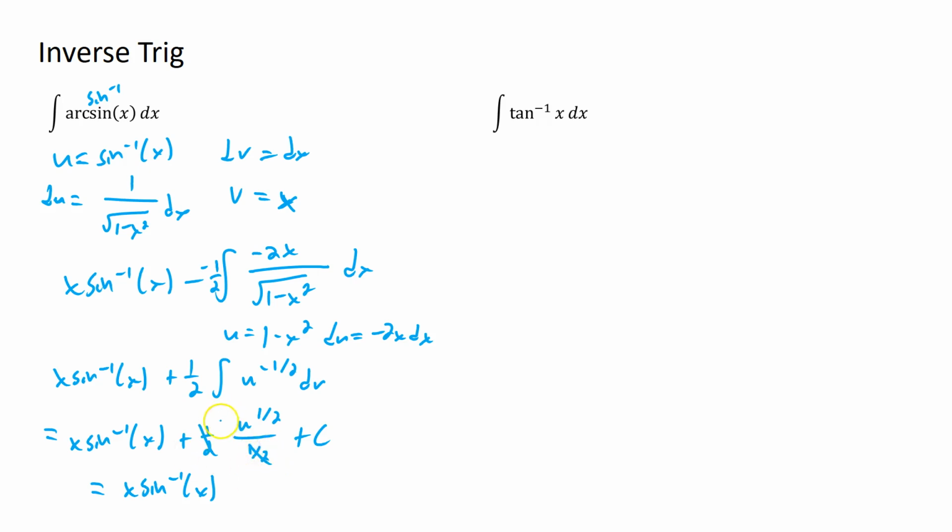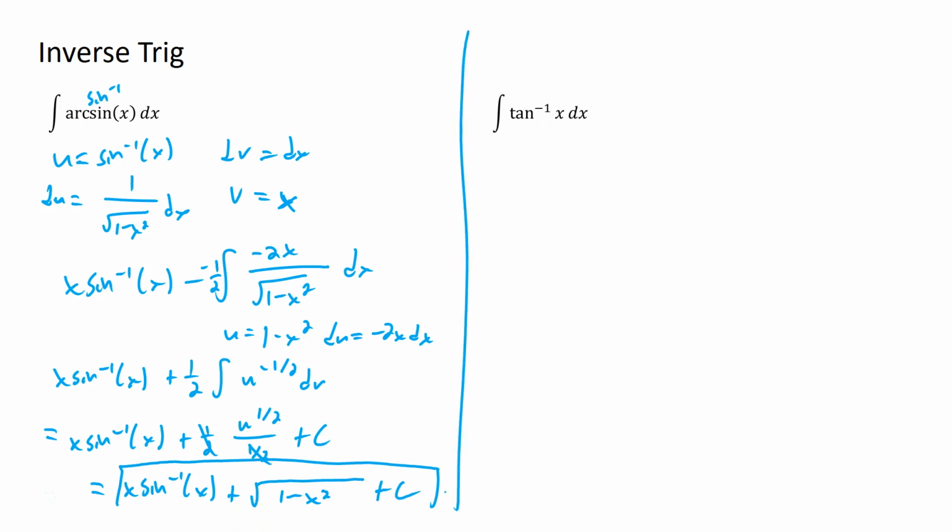You could think about it as multiplying by 2 as well, but not too bad. Then u is 1 minus x squared to the 1/2, so that's going to be plus square root of 1 minus x squared plus c. There we go. A little bit messy for an antiderivative of an inverse trig function, but really not too bad with the math doing integration by parts here.